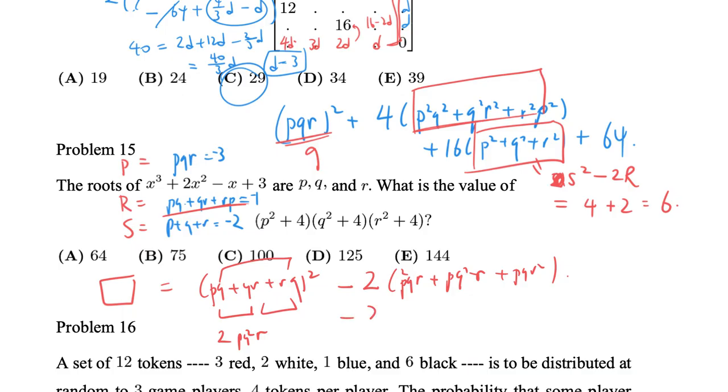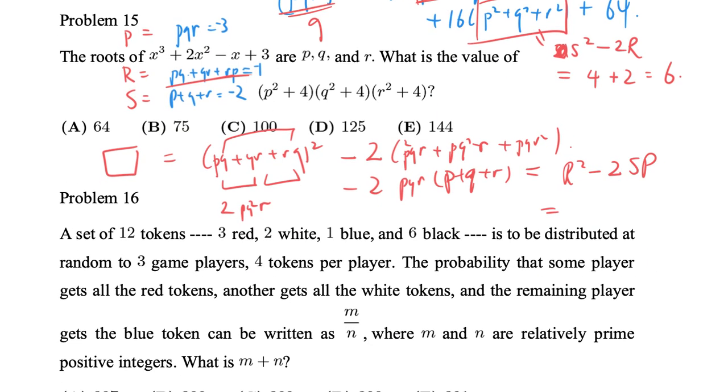And then you can notice that this is equal to PQR times P plus Q plus R, right? So this is R squared minus 2SP, right?